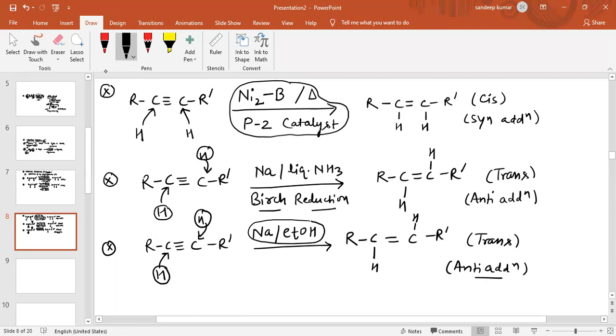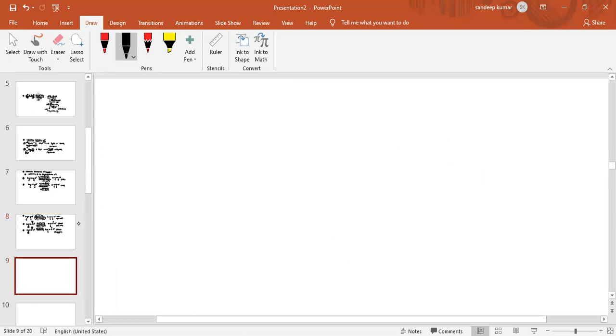Now see another reaction of this alkyne. See what happens. If the reactant is again alkyne R C triple bond C R dash, and we add lithium aluminium hydride in presence of acidic medium, what happens?